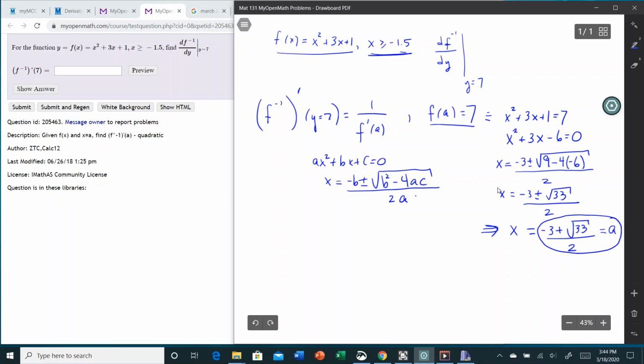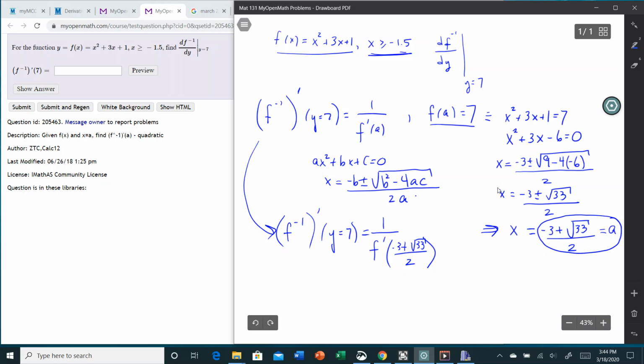So if we use that value of a, then f inverse prime at y equal to 7 is going to be 1 over f prime at negative 3 plus the square root of 33 over 2.